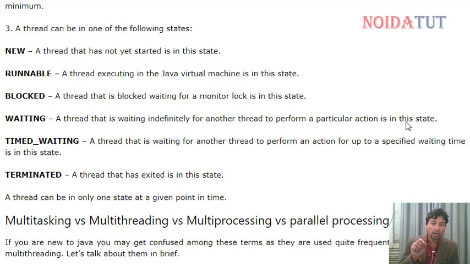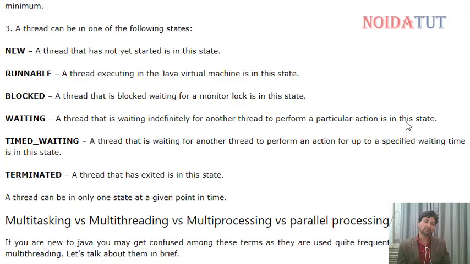Blocked: a thread that is blocked, waiting for a monitor lock, is in this state. That means it is waiting for execution and wants to be executed, or its process has been stopped. Waiting: a thread that is waiting indefinitely for another thread to perform a particular action is in this state.